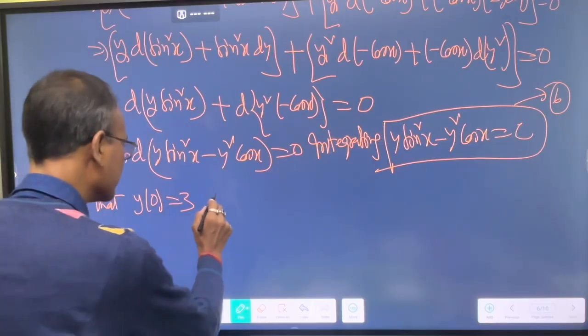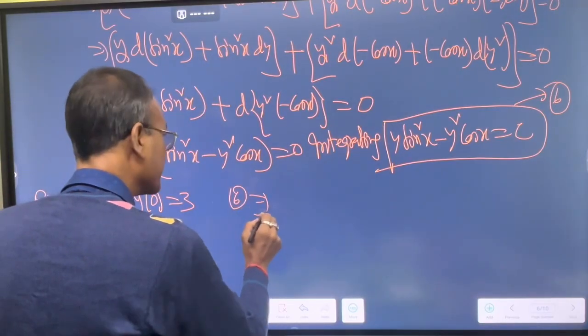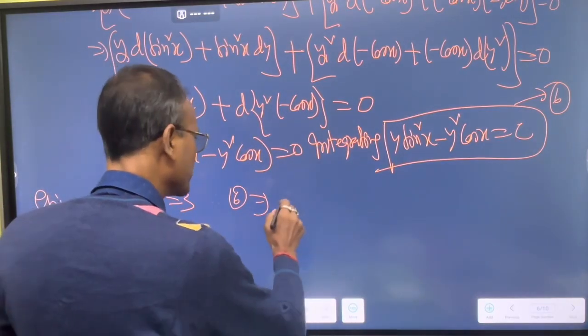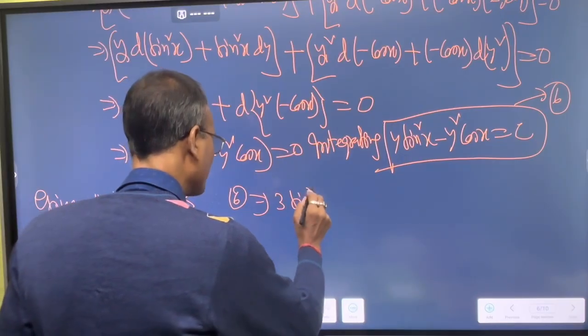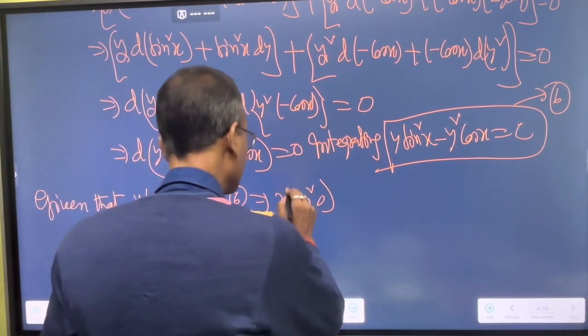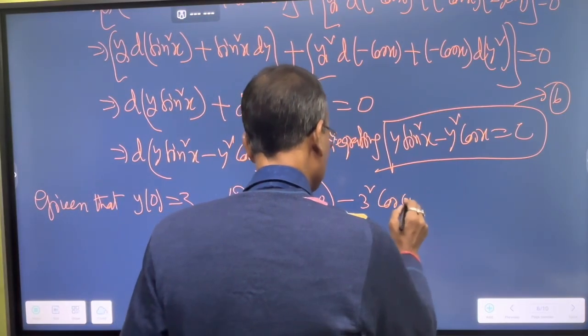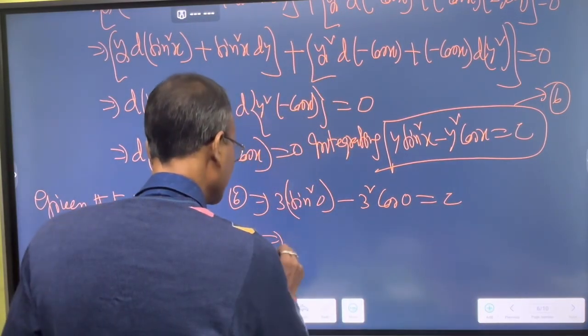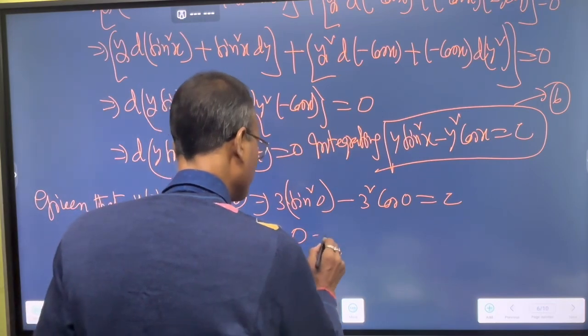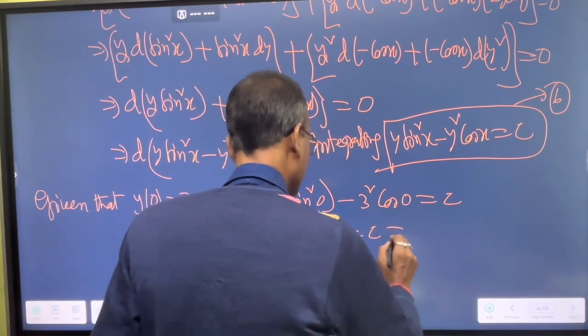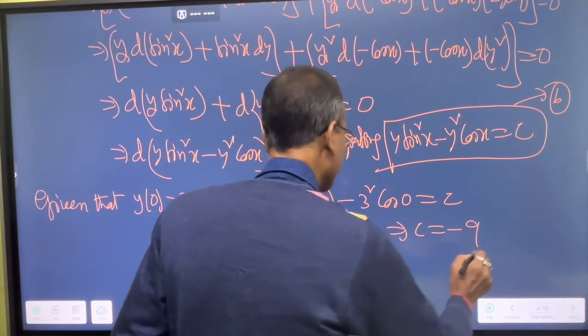Therefore, 6 implies, put x is equal to 0, y is equal to 3. 3 sin square 0 minus 3 square cos 0 equal to c. This means it is 0 minus 9 equal to c. This means c equal to minus 9.